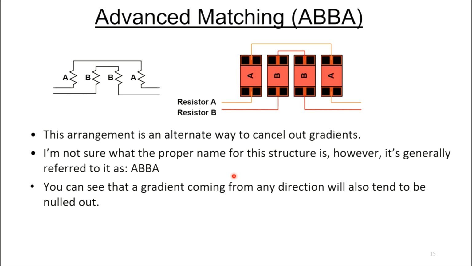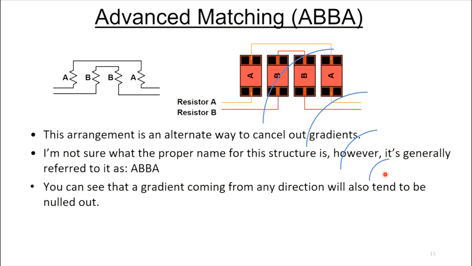Okay, so moving along with other advanced matching techniques. This shows an alternate way to cancel out gradients. I'm not exactly sure what the proper name for this structure is, however, it's generally referred to as ABBA. And I think it's pretty obvious why. Once again, this is done to try to cancel out gradients coming across the wafer.